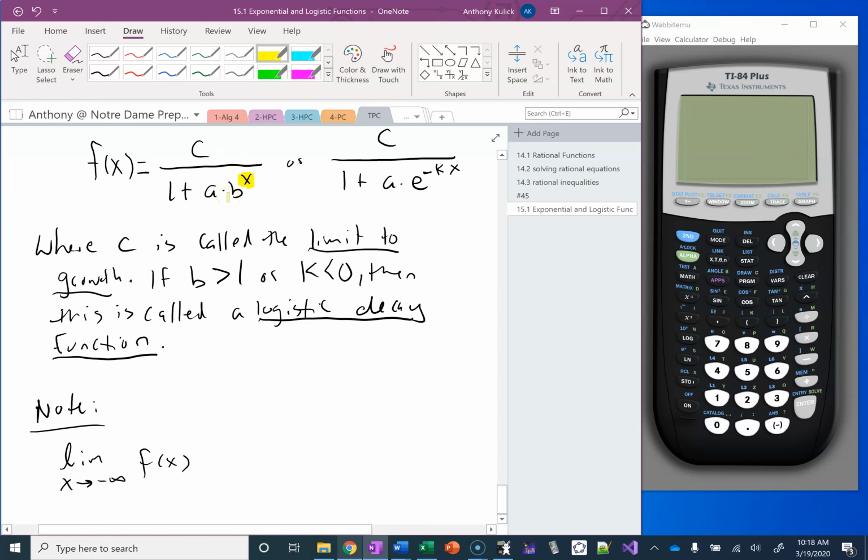Now that b to the 1 million is going to be like an enormous number. So when you have a fraction where we have a number on top and a gigantic number on the bottom, that fraction basically goes to 0. So really what we'd be left with is just c over 1. So we'd say that that's c.